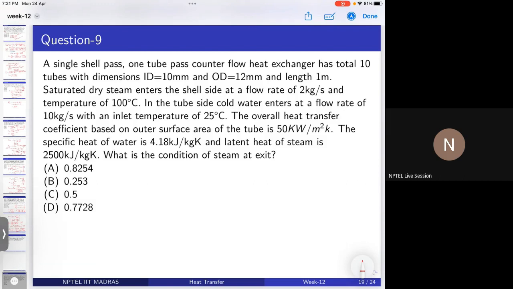It's exchanging heat with the steam. Saturated steam is entering at one side, and steam with some quality is exiting. That is what we have to find out.